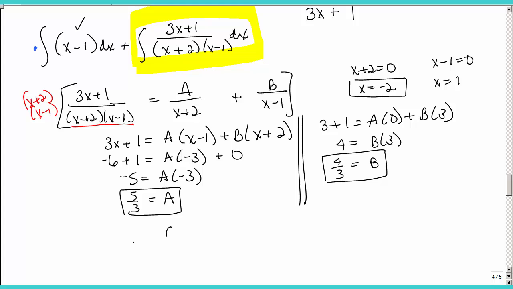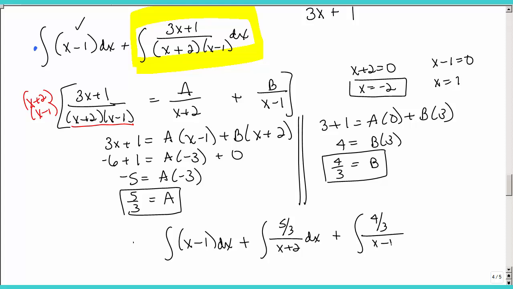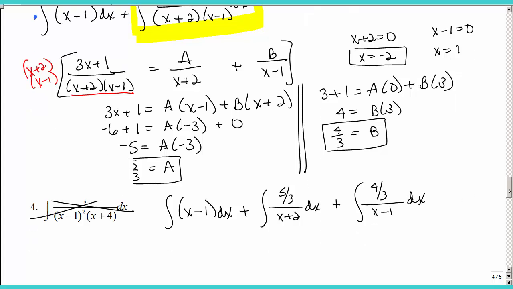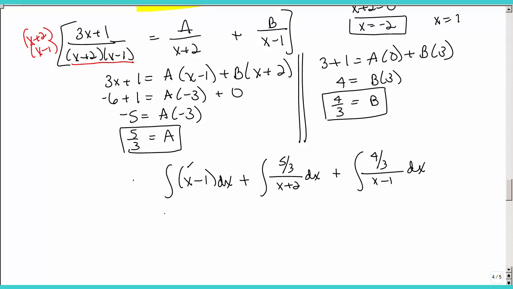So I have to integrate x minus 1 dx plus a, which is 5/3 over x plus 2, plus b over x minus 1. Okay, so this is just your power rule, x squared over 2.